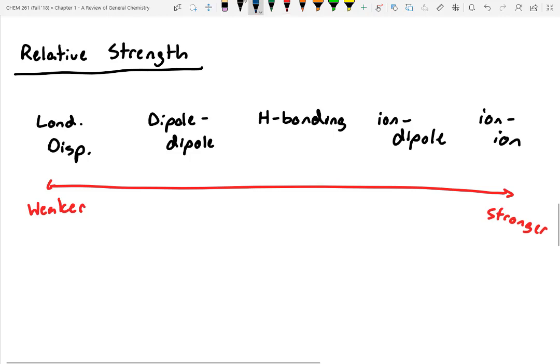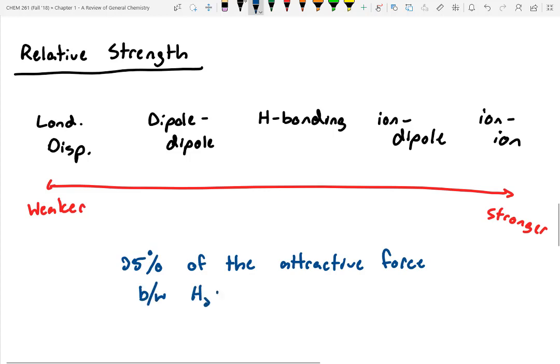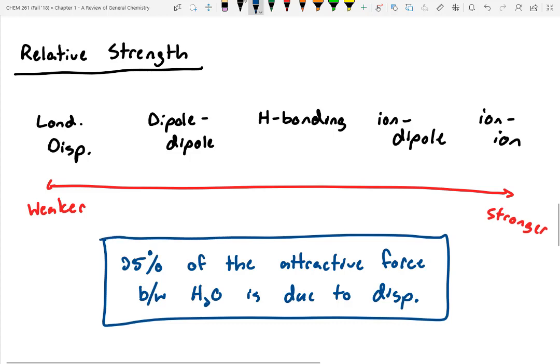One thing I always remember is that 25% of the attractive force in water is actually London dispersion. So dispersion does play a very, very large role in how organic molecules interact with one another.